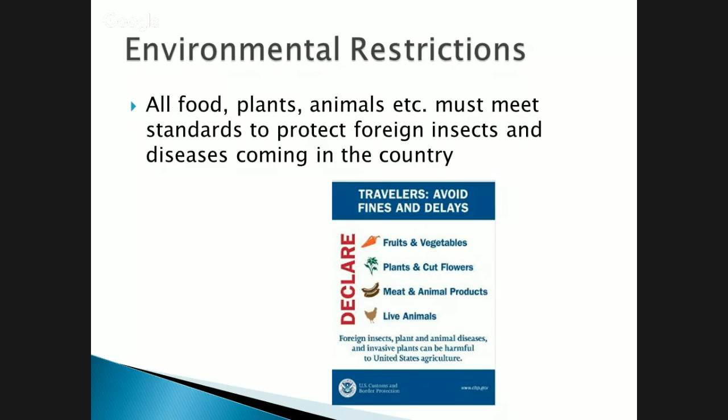As an example, Canada's economy depends on its natural resources, and restrictions are put in place to protect these industries. Foreign insects and diseases could destroy entire industries in Canada and seriously harm the Canadian economy. So that's why these restrictions are put in place.